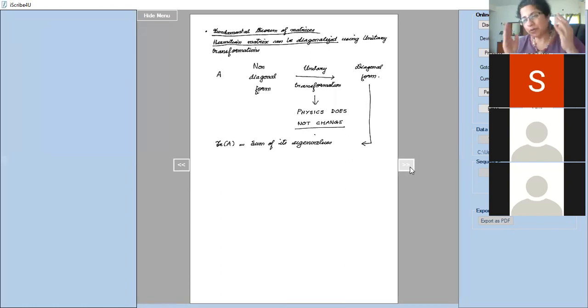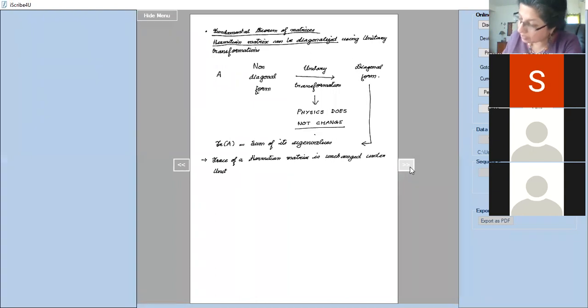So now I'm going to tell you something pretty interesting, and that is this: the trace of a Hermitian matrix is unchanged under unitary transformations.